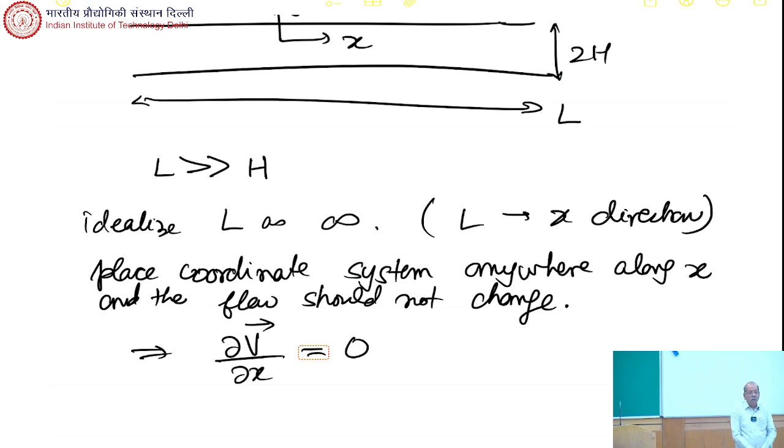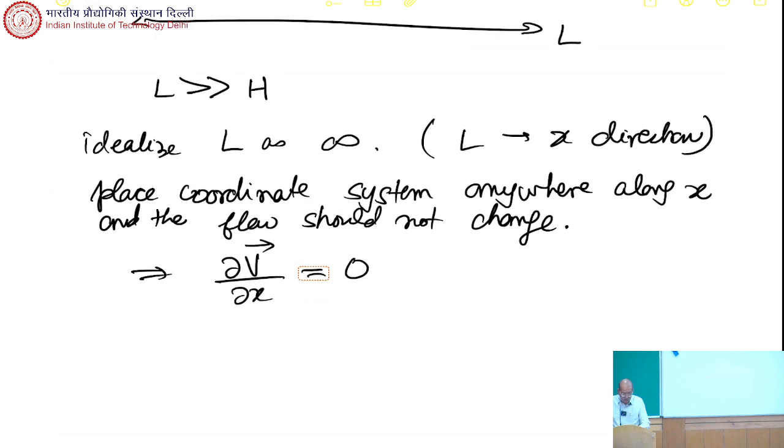Now I am not using pressure here because the flow may be caused by the pressure difference between the two ends. So if it is caused by pressure difference between the two ends, I can't make this assumption for pressure. But for velocity, we can say that along that long direction, the flow will not change. So x is the large length direction.